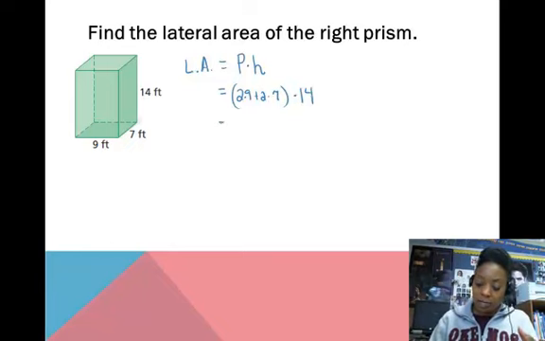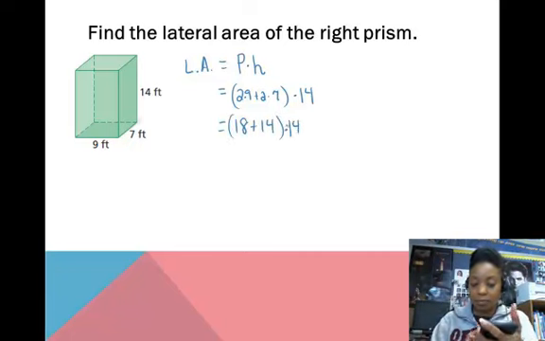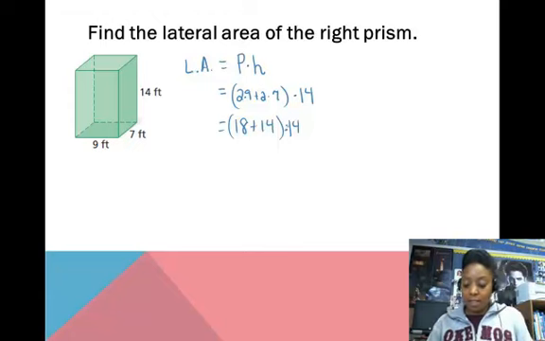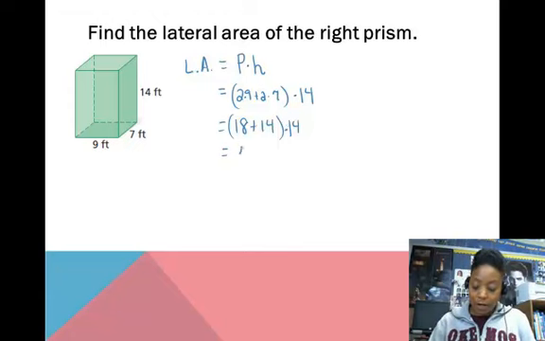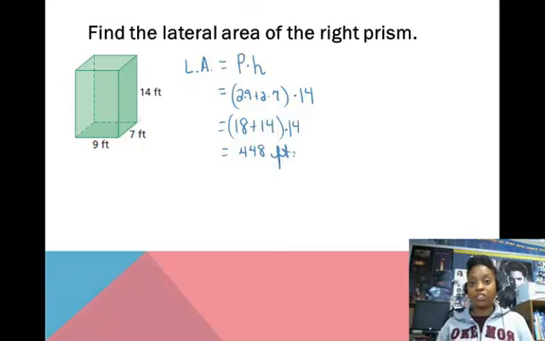So we would get 18 plus 14, times 14. That's going to give us a lateral area of 448 feet. Please don't forget your units. Ooh, feet squared, my bad. There we go. Don't forget your units.